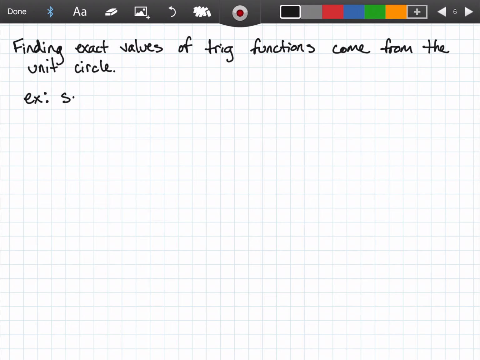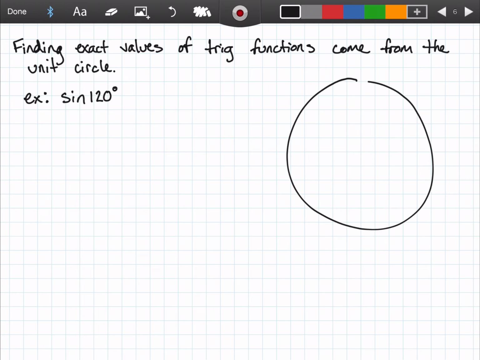So for example, if I want sine of 120 degrees, there's my beautiful unit circle. Okay, so 30, let's see, 90, 120 is in here based on your picture.